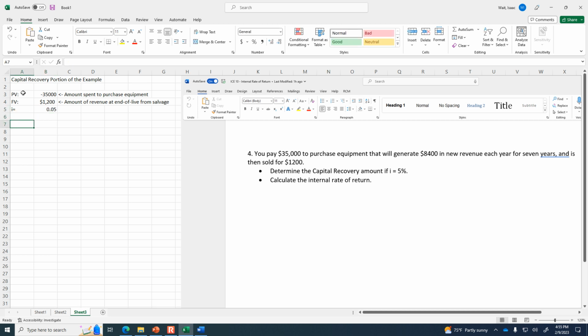Now we're going to find how much the FV is worth as an annual series. It's going to be arrows that are up. So we want to find the annual equivalent of the future value.